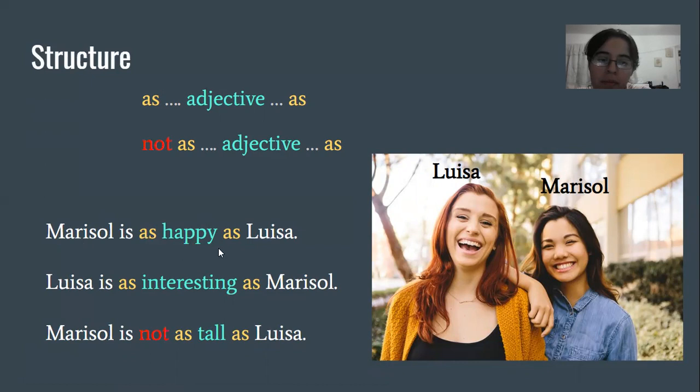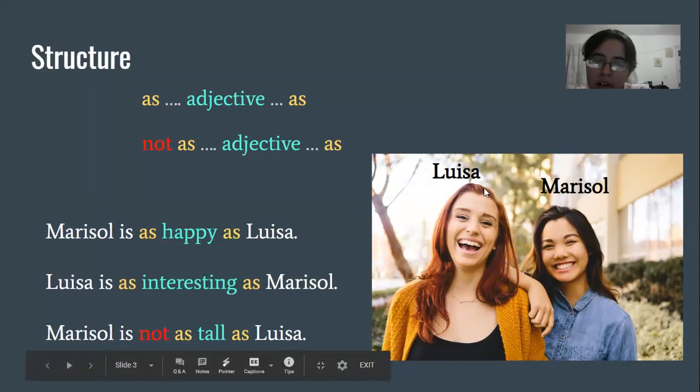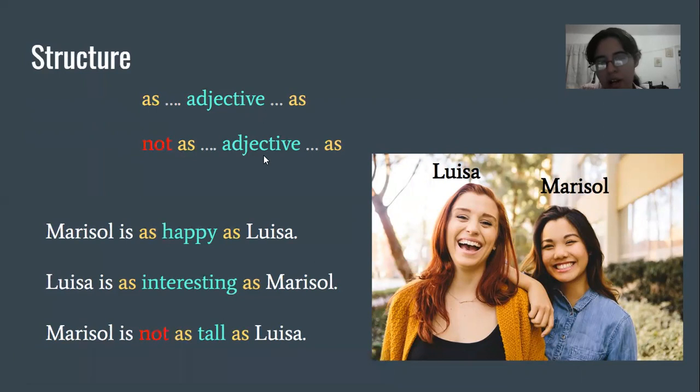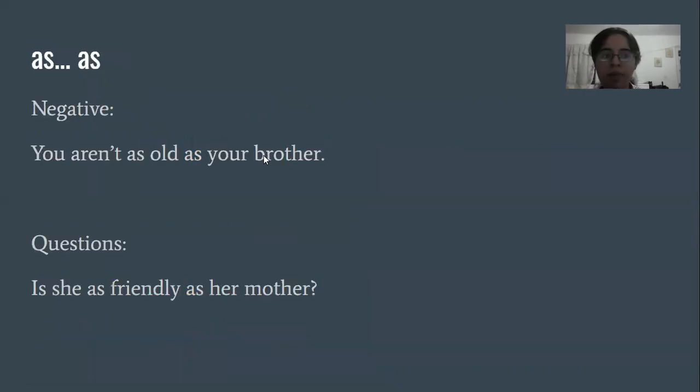That's the same thing. But the different one was that they're not as tall. They're not the same height. So it would be Marisol is not as tall as Luisa. You have to add the "not" to say that it's different.